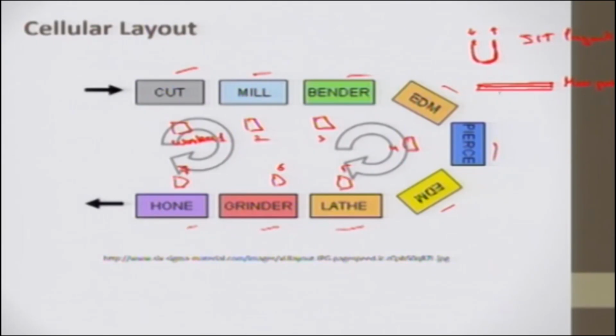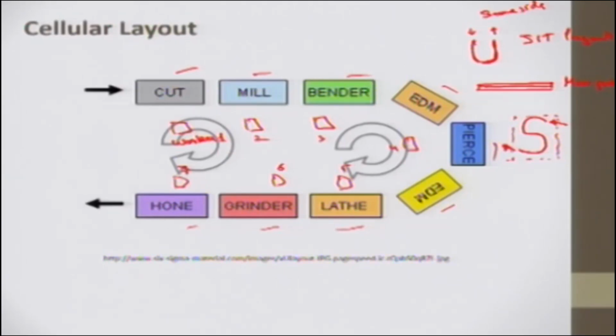U, then straight line, then another kind of pattern is the S kind of layout. The S kind of pattern is used for long assembly processes that are to be fit in a small area. See, the long length is put in this small area. It is not in one line, and also when the receiving and the shipping is on the opposite side.